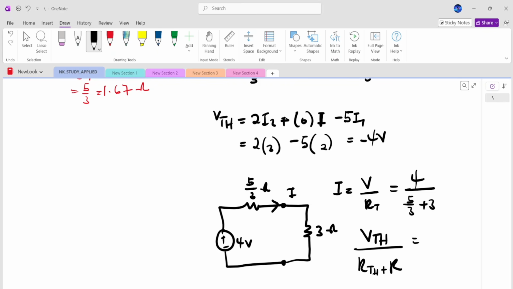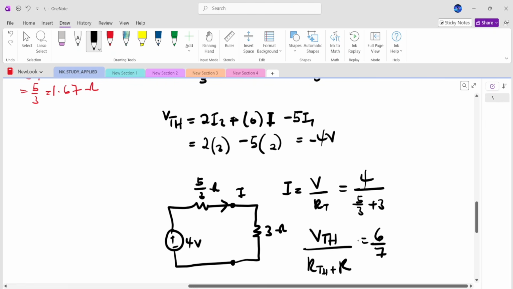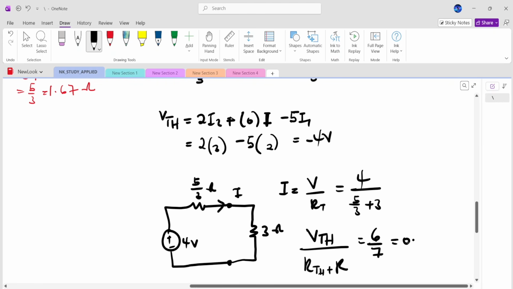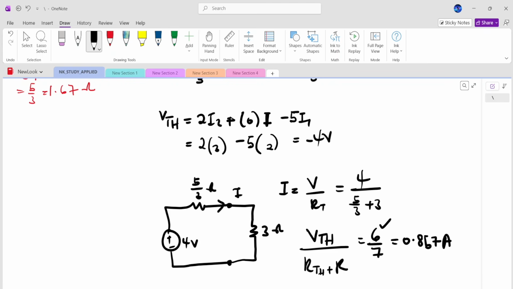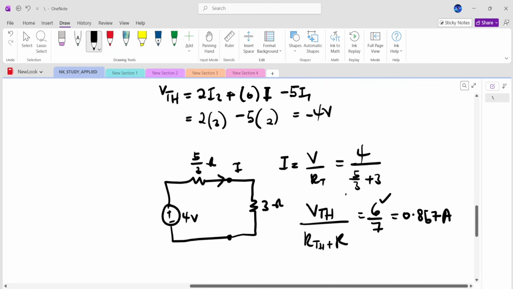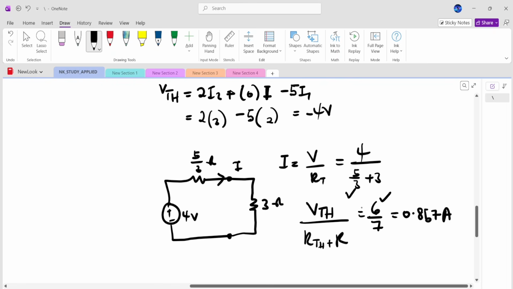That's going to give me 6 over 7, or 0.857 amperes, right? Mostly when you are solving, leave them in fractions, right? You realize I use 5 over 3 and not 1.67.